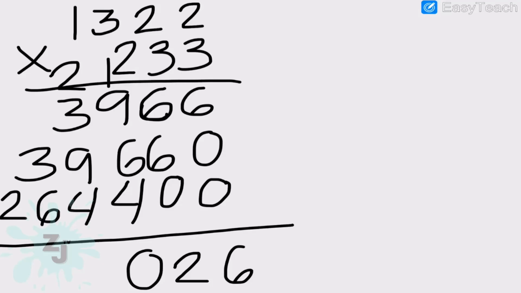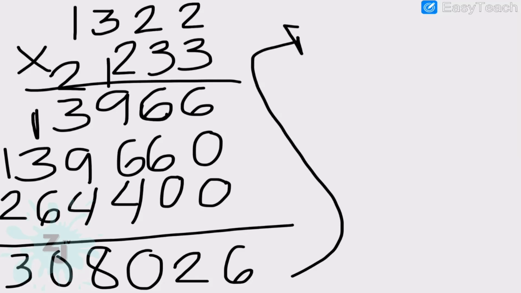Therefore, 3 plus 9 is equal to 12, plus 4 is equal to 16, plus 2 is equal to 18. We bring up 1. That is 1 plus 3 is 4, plus 6 is equal to 10. Bring up 1. Next we add 1 plus 2 is equal to 3.